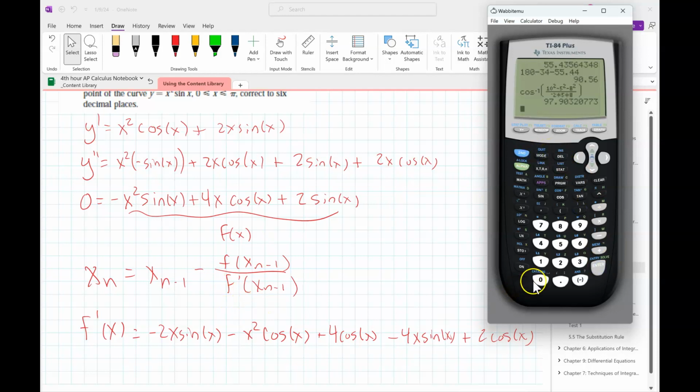I need a guess. I'm just going to use 1. I don't know. And then I'm going to do Ans minus Vars, Y-Vars, Function Y1 of Ans divided by Vars, Y-Vars, Function Y2 of Ans.